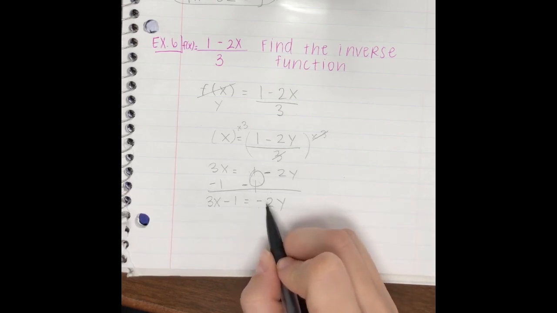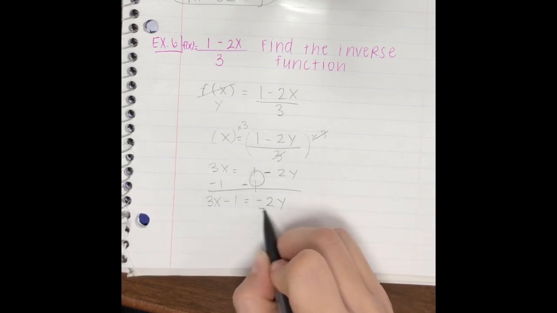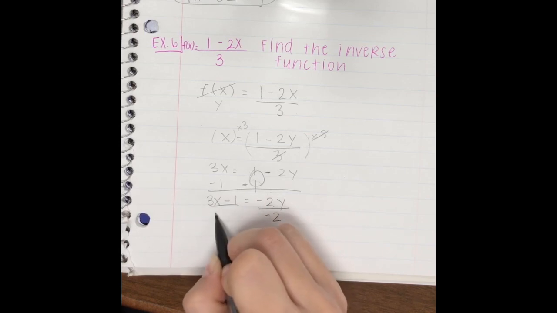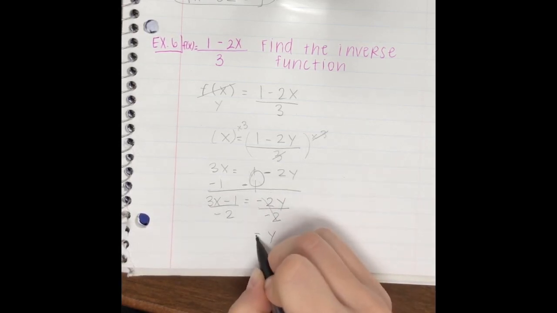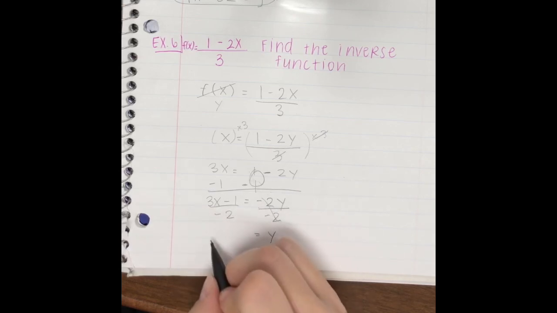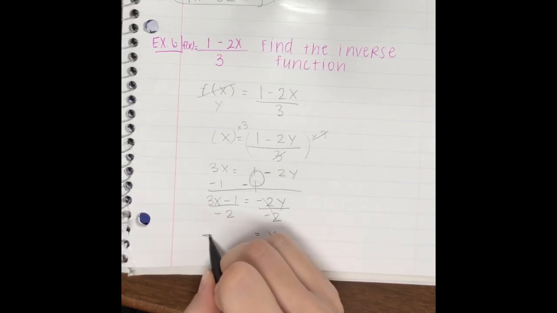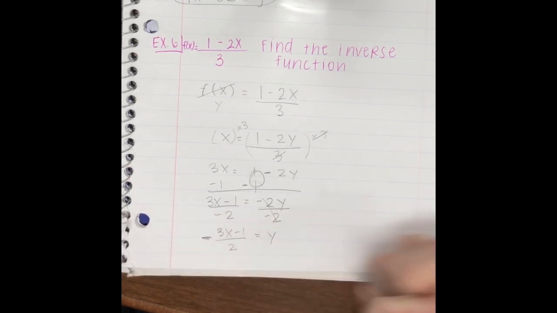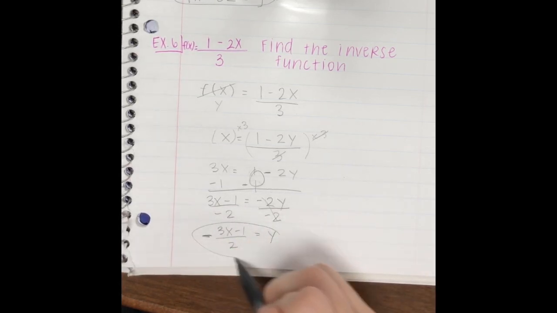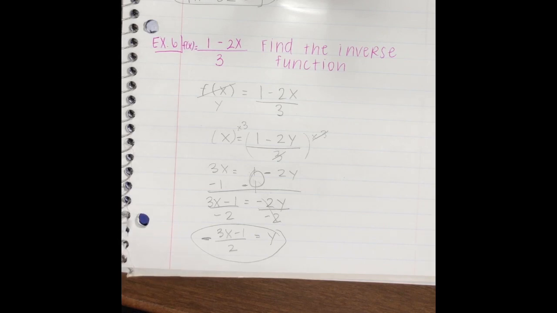Then to get y by itself, it's being multiplied by a negative 2, so we're going to divide by a negative 2 on both sides. So we get y equals, I'm just going to put the negative out front. We have a negative 3x minus 1 divided by 2. Perfectly acceptable way to write your answer.